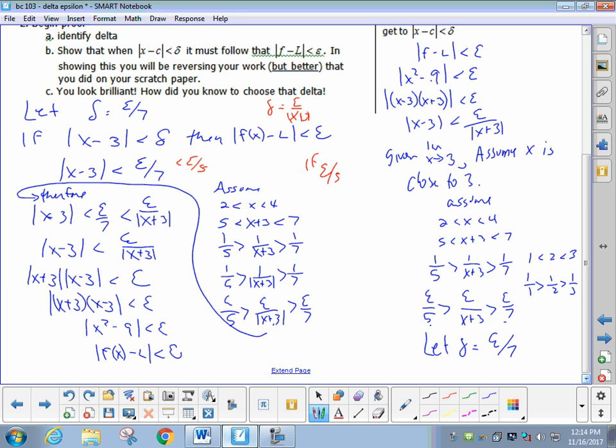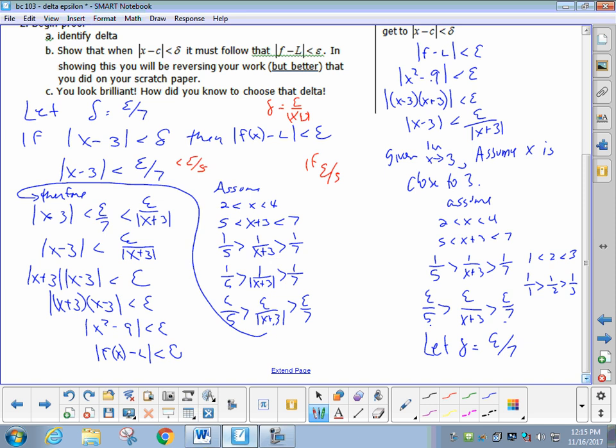And so I can't use this as my delta, although it would make my life a lot easier. Doesn't it turn into that? It does. Through a little bit of substitution, eventually, yes, it's less than epsilon over 7, but I can't just use that. So why are you allowed to throw in the epsilon over x plus 3 down there, but you're not allowed to throw it up there, after the epsilon over 7?